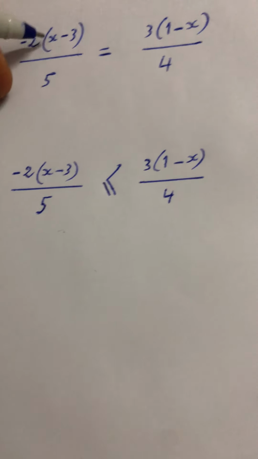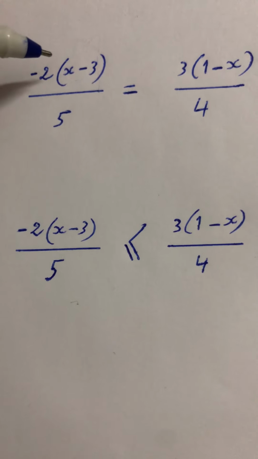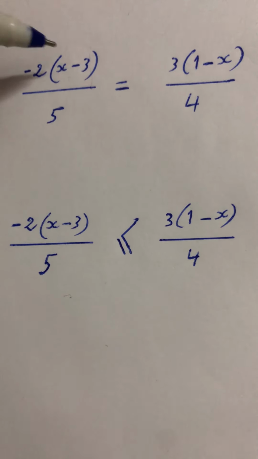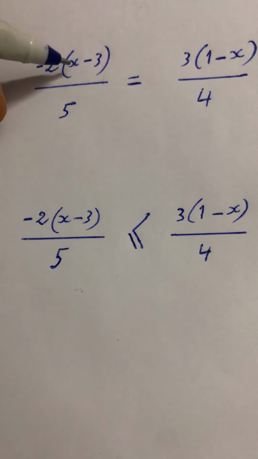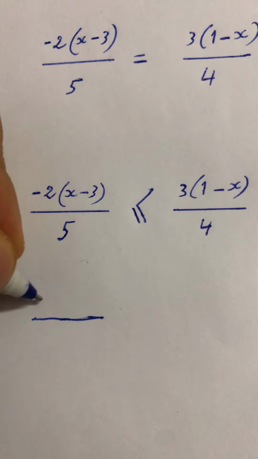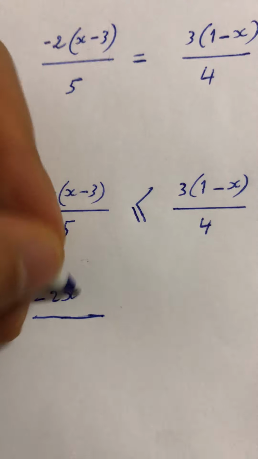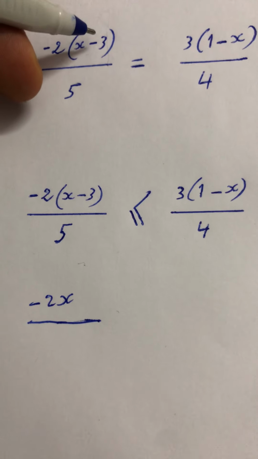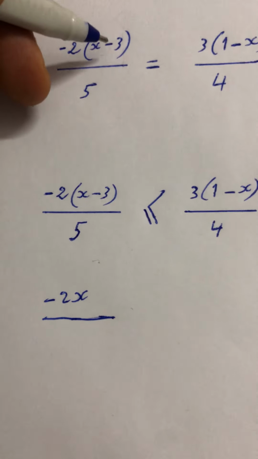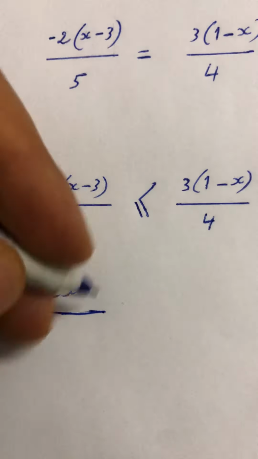minus 2 times x minus 3. Okay, so I expand minus 2 times x, then minus 2 times minus 3. Minus 2 times x gives minus 2x. Minus 2 times minus 3, minus times minus will be plus. So minus 2 times minus 3 will be 6, plus 6.